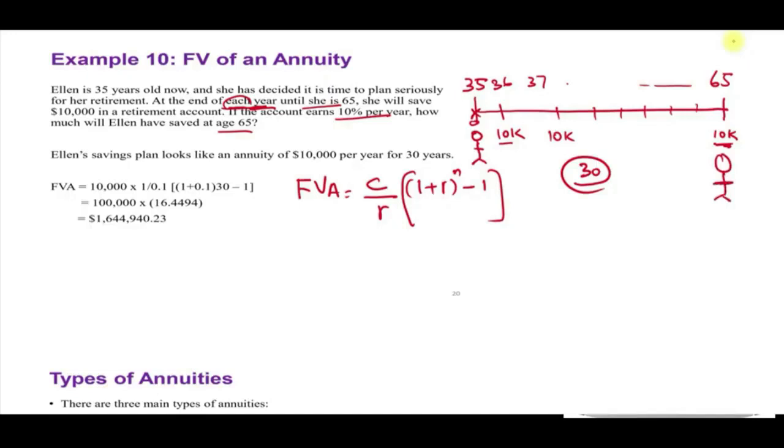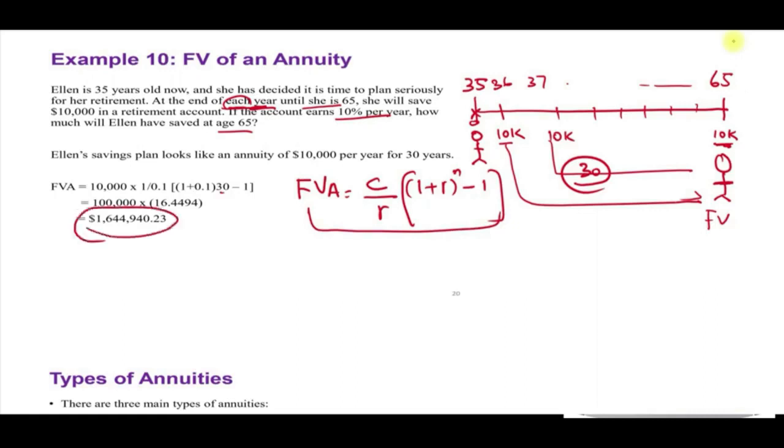Simply you can do a single cash flow future value also, no problem, but it will take you 30 cash flow calculations. That's why we are going for the annuity formula. So cash flow 10,000, rate 0.1, 30 periods, and our answer is this. She will have this much money at the age of 65.